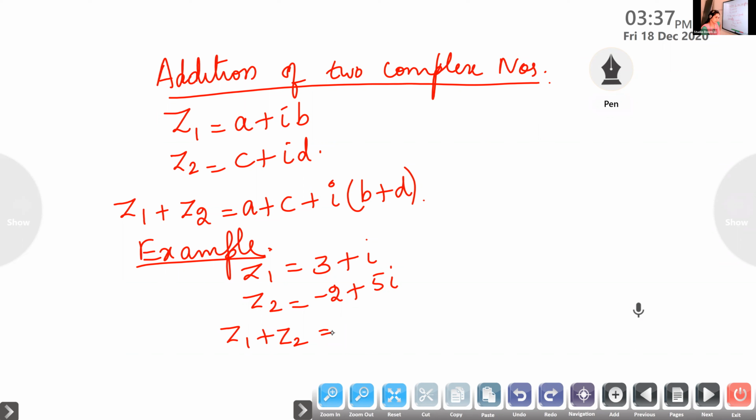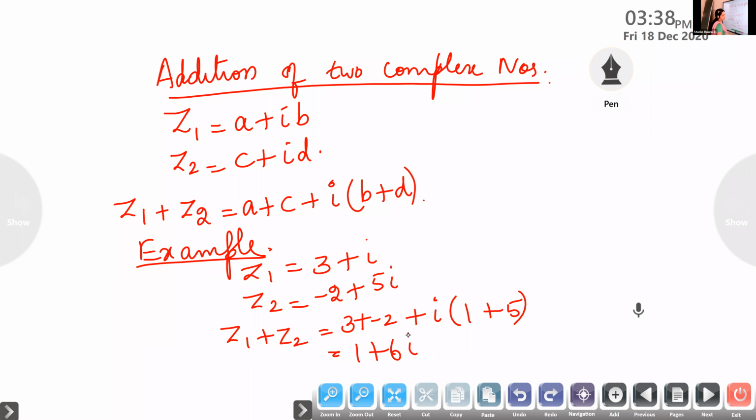So 3 plus minus 2, plus I into 1 plus 5. What is the answer, Ashwin? Rijas, give your answer. What is Z1 plus Z2? 1 plus 6i.